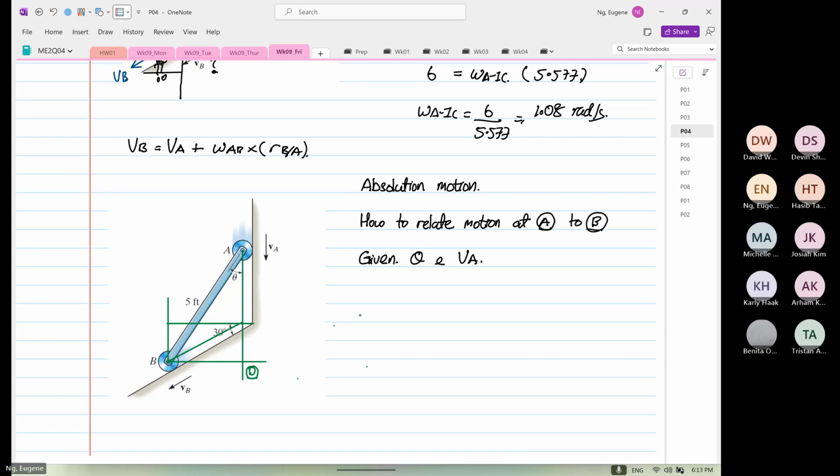Where it intersects over here, I'm going to mark it. Now, why did I do that? Because I know this angle, which is 30 degrees. So we only know theta and we only know VA.